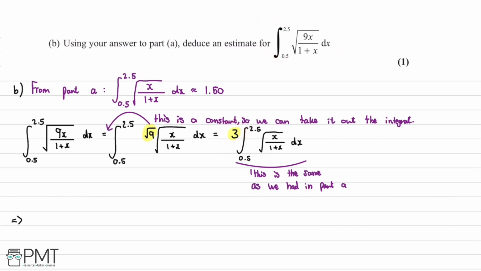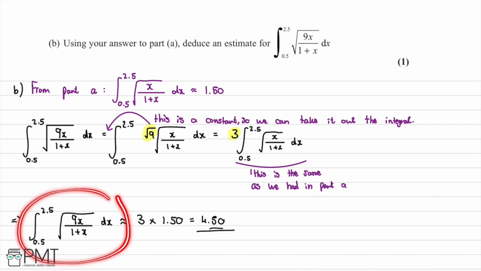So writing this out, the integral from 0.5 to 2.5 of the square root of 9x over 1 plus x, with respect to x, is going to be approximately equal to 3 lots of our answer from part A, which was 1.50, and this is going to be equal to 4.50. So therefore, we've shown that the estimate of this integral here is 4.50.